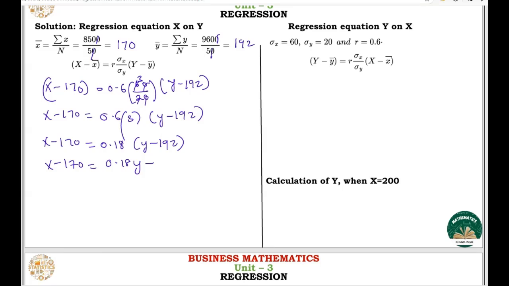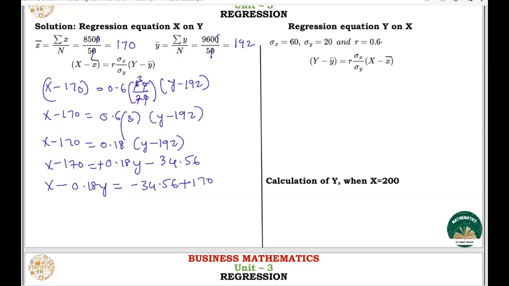It will be 192 into 0.18, which is 34.56. So here this is the x. If plus comes here, it becomes minus 0.18y. X minus 0.18y equals minus 34.56 plus 170.